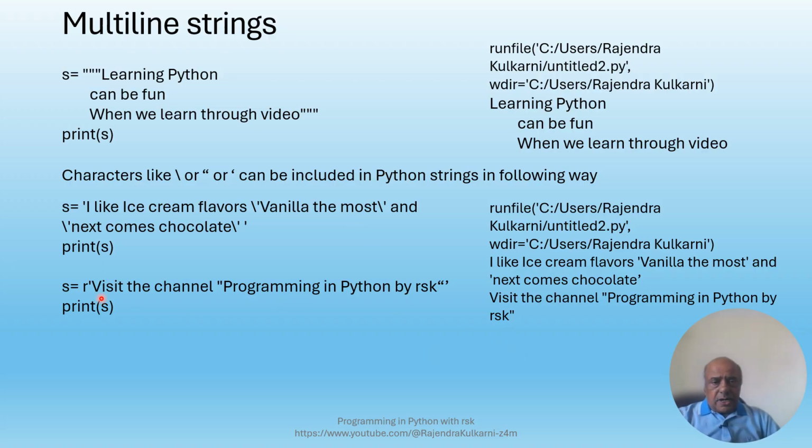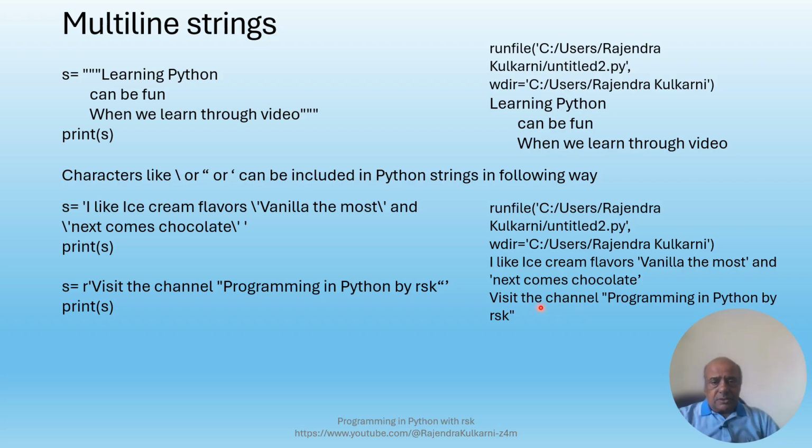Now, what is the advantage of a raw string? Don't use any kind of escape sequence. So here, programming in Python by RSK, we want to appear within double quotes when we execute a print statement. It appears exactly as it is, as we have written in the output.